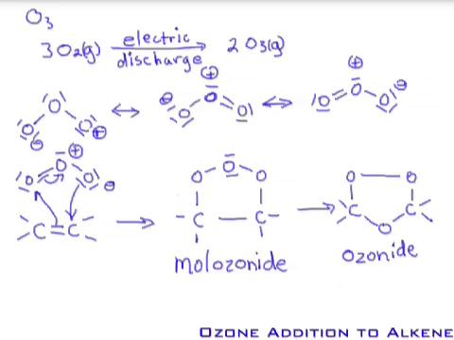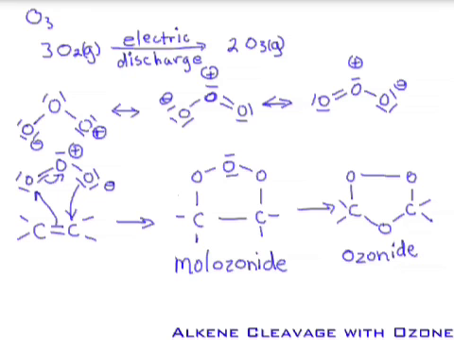Now, ozonides, high molecular weights are stable, but low molecular weights are explosive. So they're not usually isolated. Although these species form, you usually take them with another reagent and break these oxygen and oxygen carbon bonds, thereby separating the C double bond C.